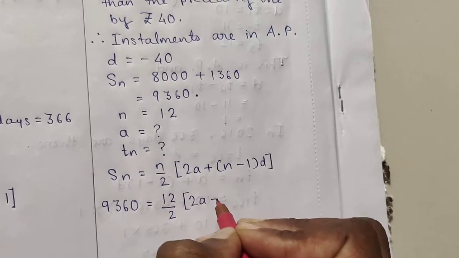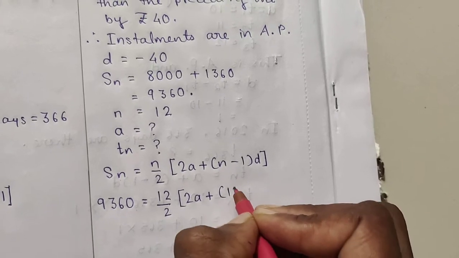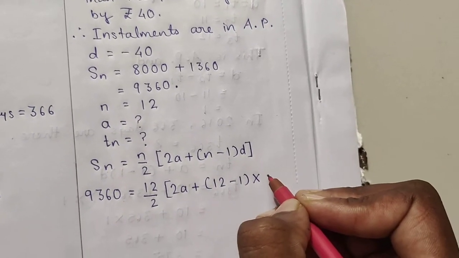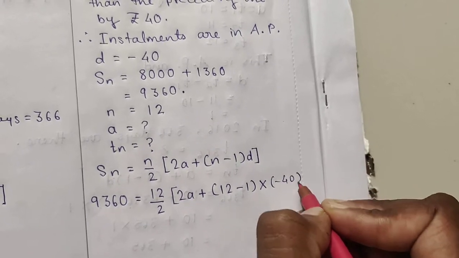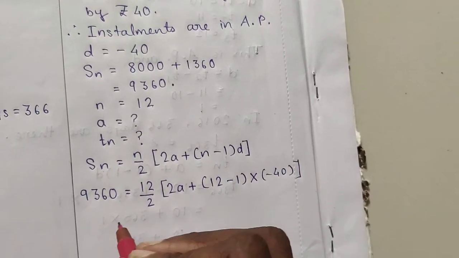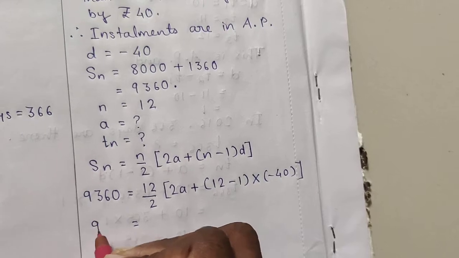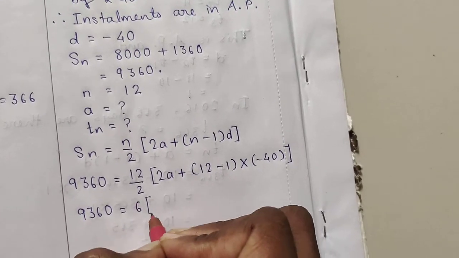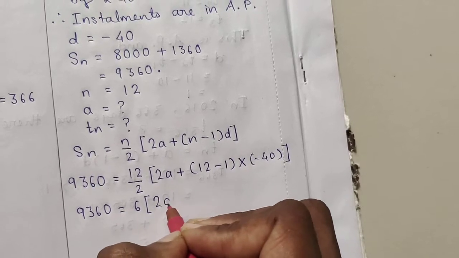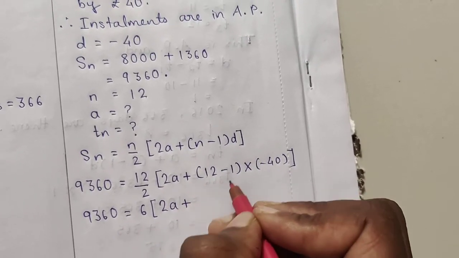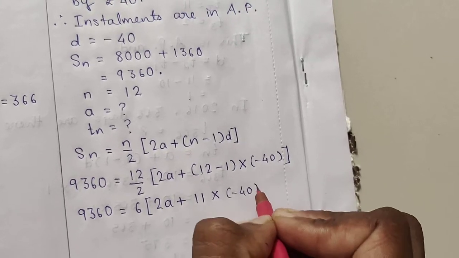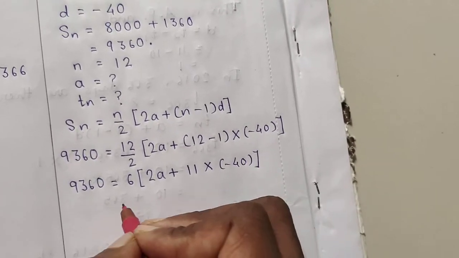Then 2A plus, 12 minus 1 into D, which is minus 40, so keep it in the bracket. Now this is 9360. 12 upon 2 gives you 6 because 2 6s are 12. 2A plus 12 minus 1 gives you 11. So 11 into minus 40 we are going to do.